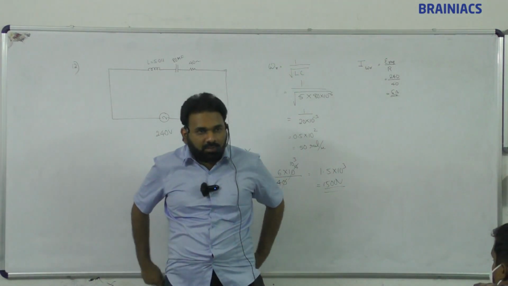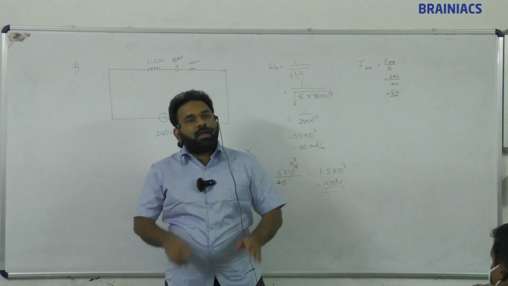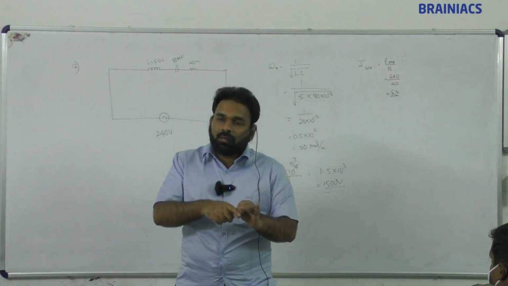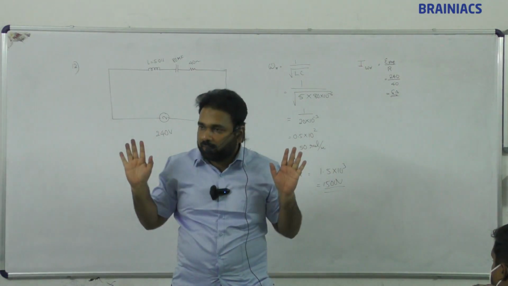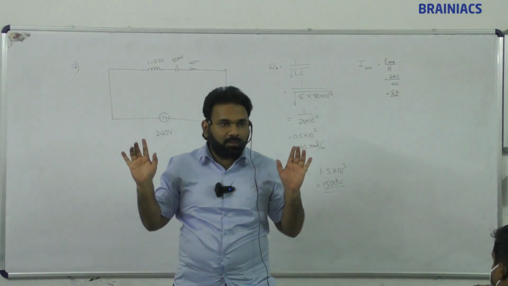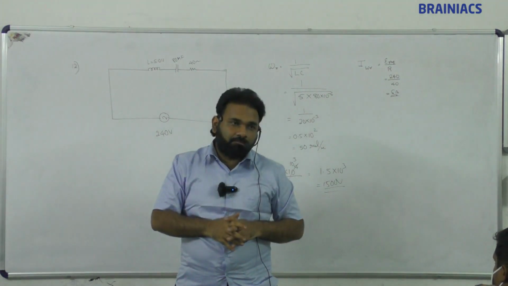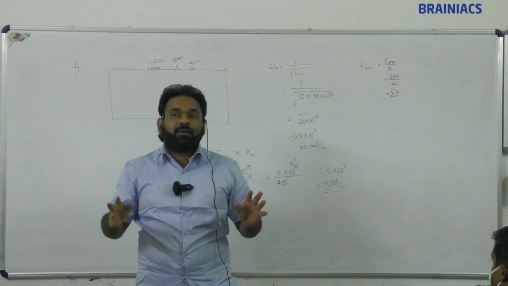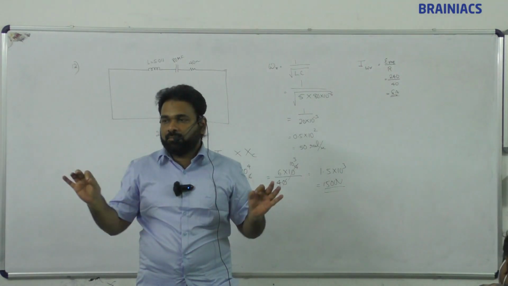At a resonant frequency, we had instantaneous current, maximum current, RMS current when we connected resistance alone, right? Do you remember? The same kind of situation will come. But inductor, capacitor, everyone will be there, but their effect will be nullified.